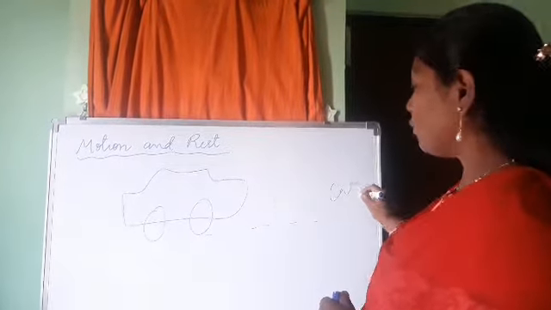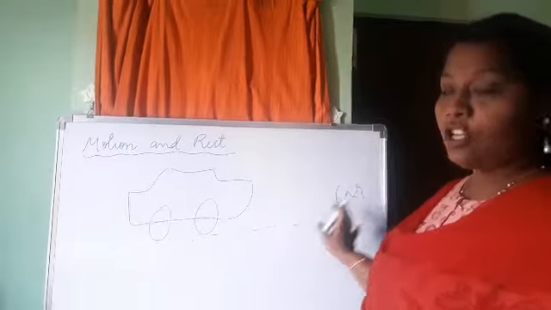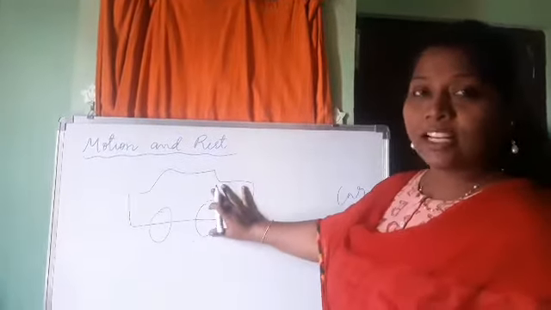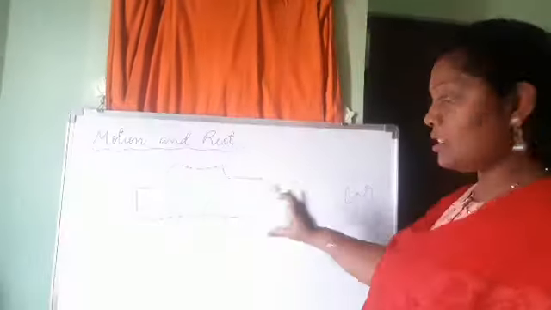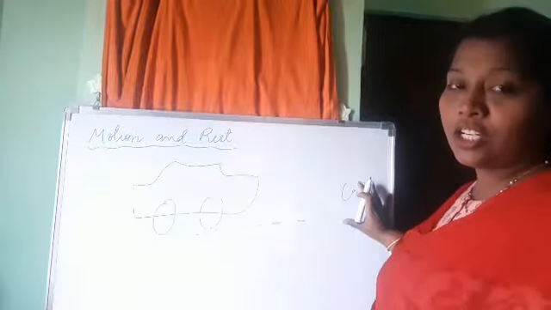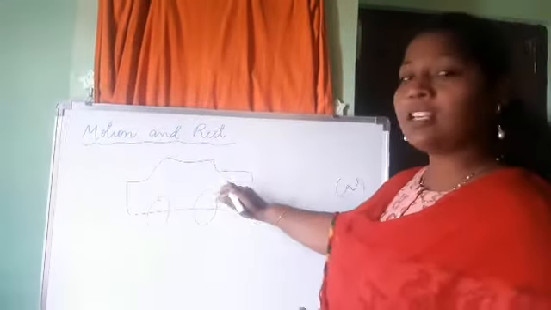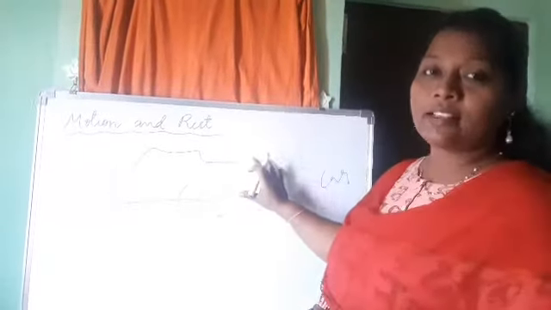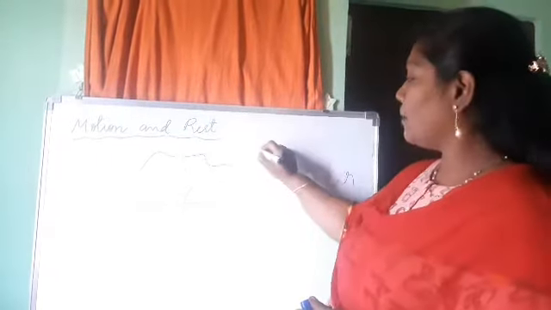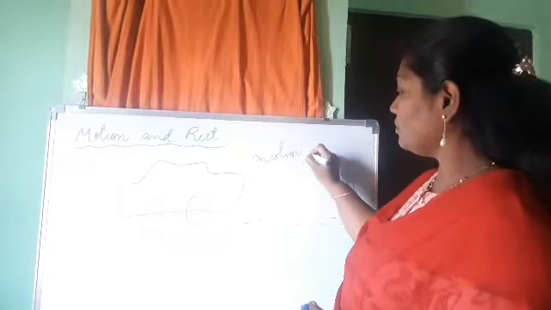The car has moved from here to here. So what do you say? You can clearly say the car is moving from one place to another. So it is in motion. So when an object is moving, then you can say the object is in motion.